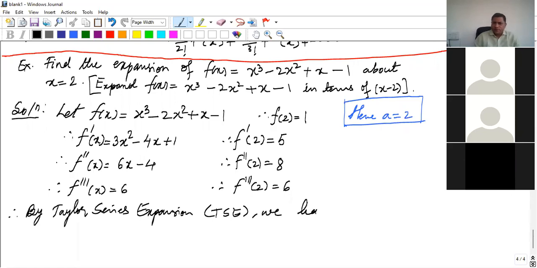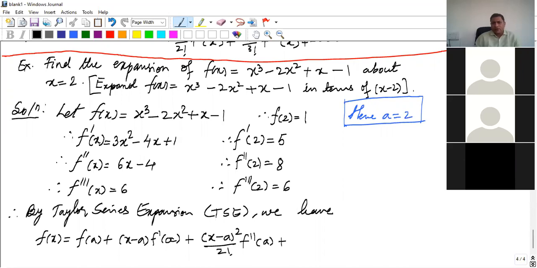We have f of x is equal to f at a plus x minus a f dash at a plus (x minus a) bracket square by 2 factorial f double dash at a plus (x minus a) bracket cube by 3 factorial f triple dash at a and so on.